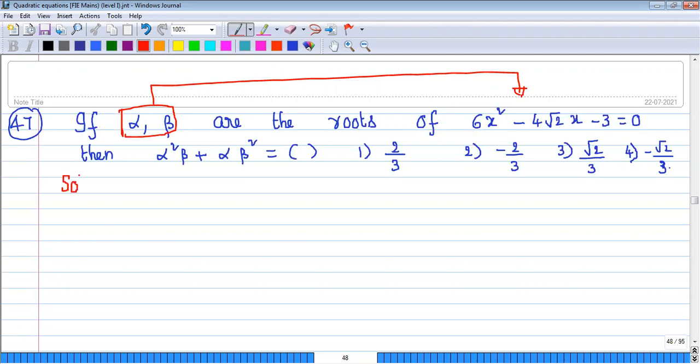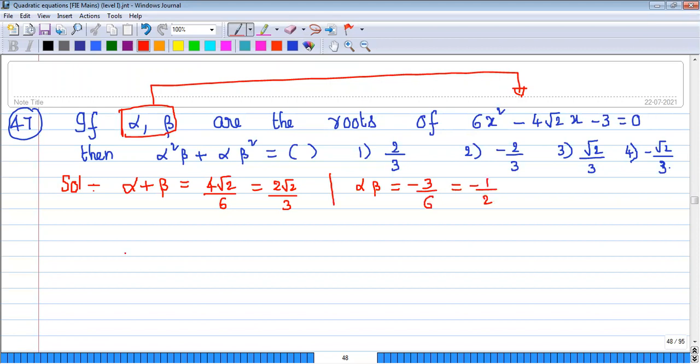So first we have alpha plus beta equal to 4 root 2 upon 6, that will be 2 root 2 upon 3. Alpha beta equals to negative 3 upon 6. This is minus 1 upon 2.